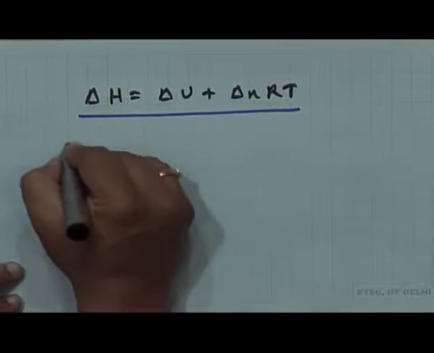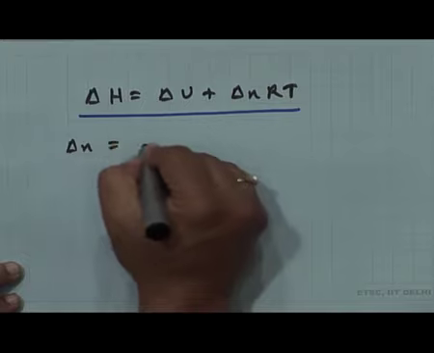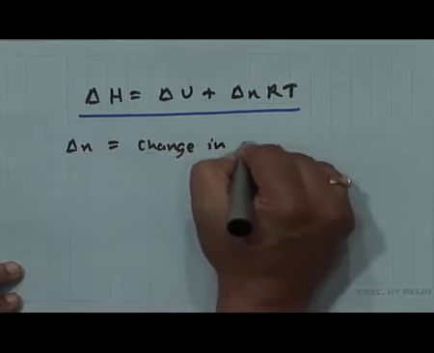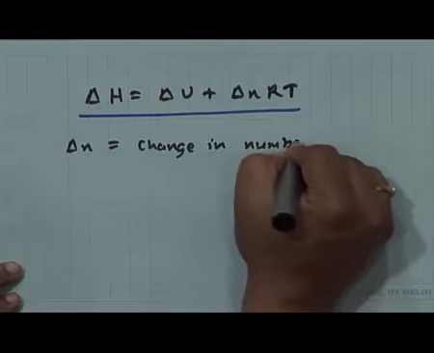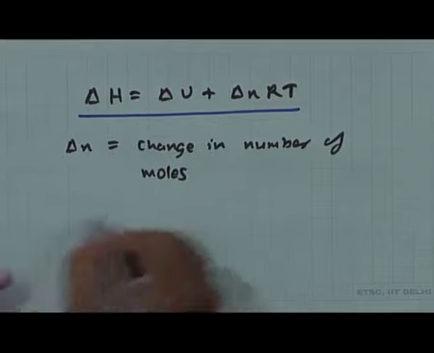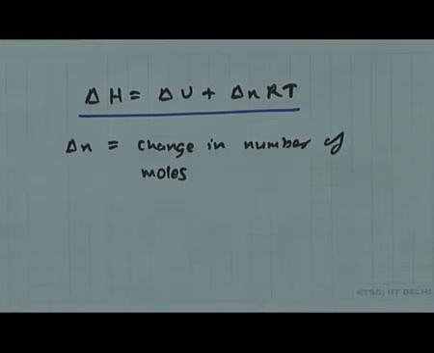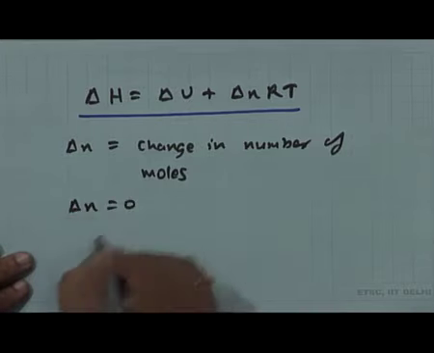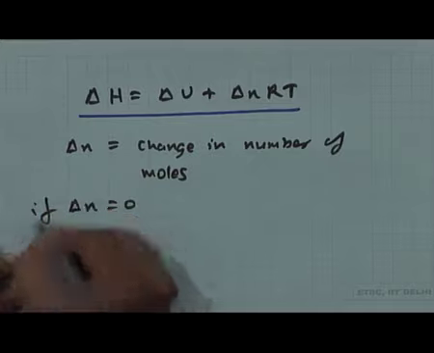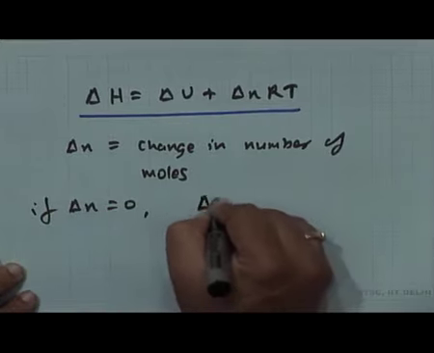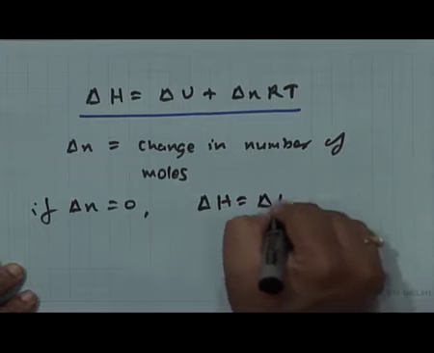Delta n is the change in number of moles as you go from the reactant to the product side. So, if delta n is equal to 0, then immediately you understand that delta H is equal to delta U.